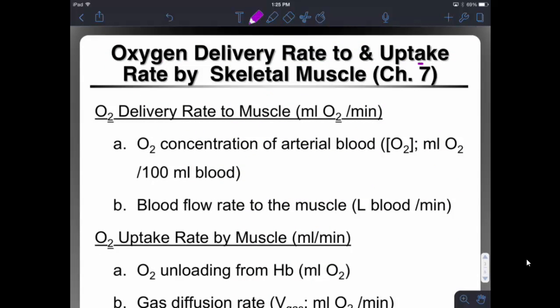So if you remember from Chapter 7, we talked about oxygen delivery rate, and we said oxygen delivery rate was determined by two factors. One is the oxygen concentration of arterial blood, and the other one was blood flow rate.